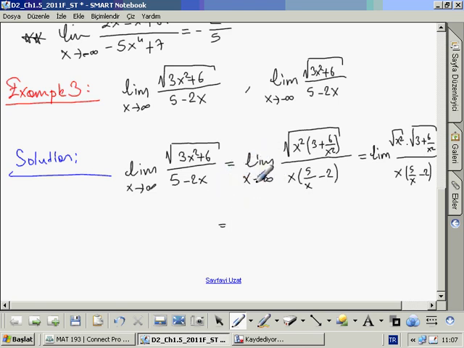We know, my friends, that the square root of x squared equals the absolute value of x. We must be really careful with the square root in this problem, because the square root is always positive, and so we need absolute value bars on the x to make sure it gives a positive answer.